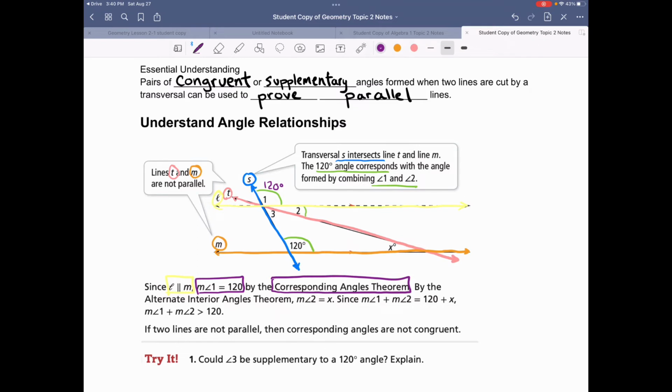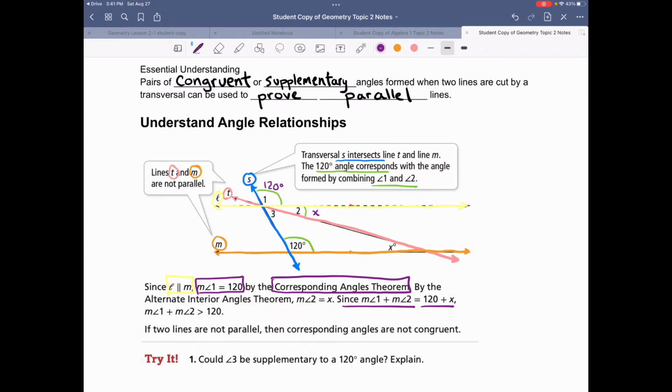By the alternate interior angles theorem, the measure of angle 2 is going to equal x. So we're just going to say this is x. We don't know what it is, but we do know that the measure of angle 1 plus the measure of angle 2 has to be equal to 120 plus x. Right?